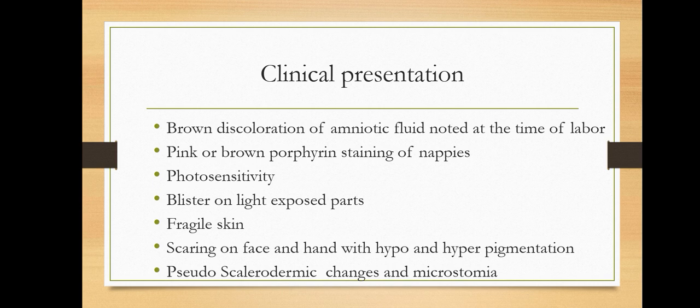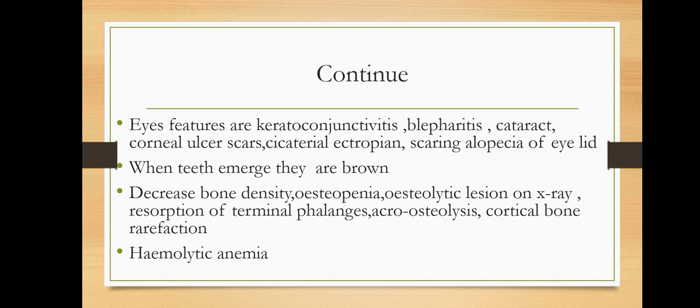Pseudosclerodermic changes and microstomia are the important clinical features. Other clinical features are eye features, which are usually keratoconjunctivitis, blepharitis, cataract formation, corneal ulcers, scars, cicatricial ectropion, scarring alopecia of eyelid.